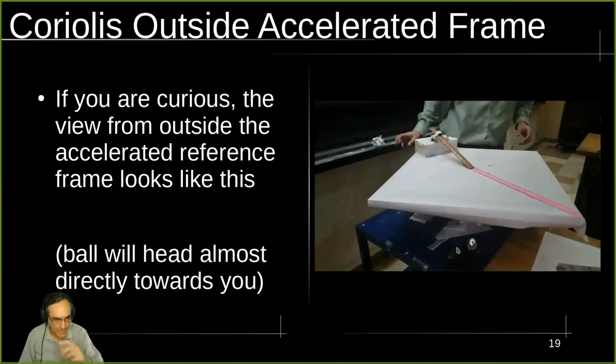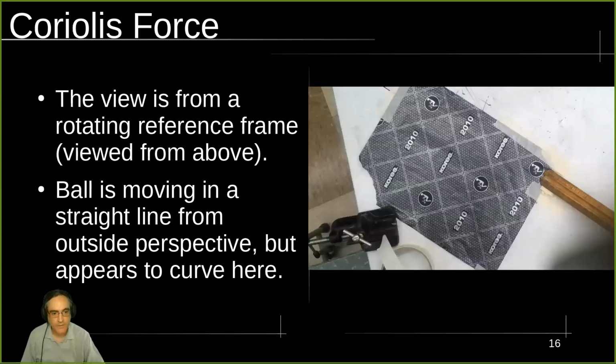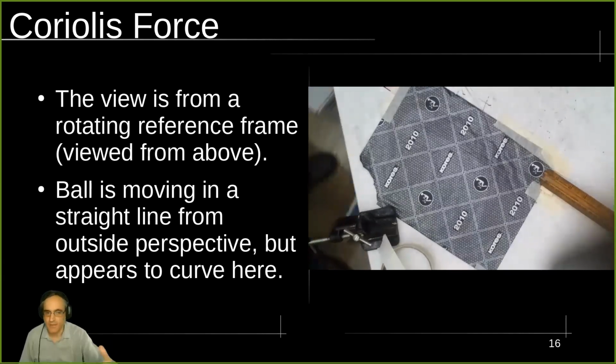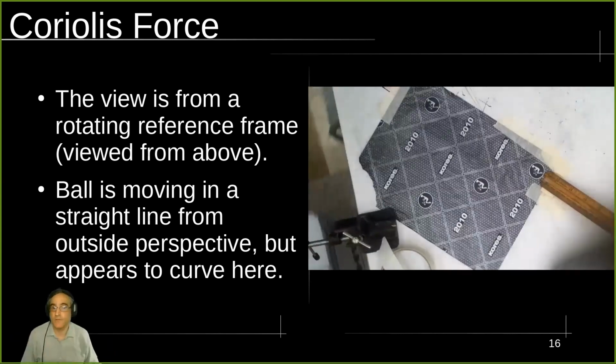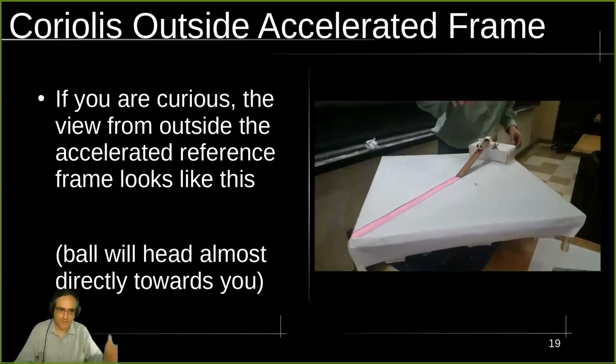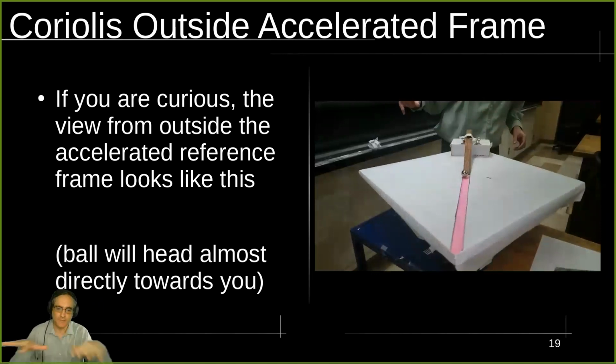It does get bent a little bit due to friction with the table, but it basically comes straight at us as the table rotates underneath it. And if I go back to this one, you can see the opposite view where, from the view on the table, it looks very clearly like the ball is getting curved off to the side, forced off by some mysterious force. But of course, what's really happening is it's just going straight and the reference frame itself is turning underneath it.